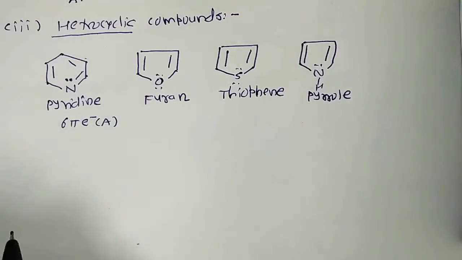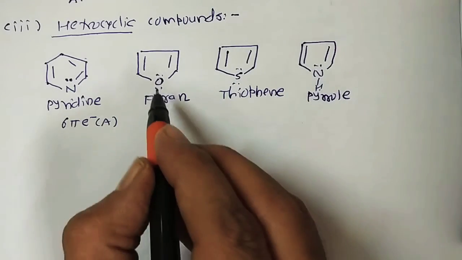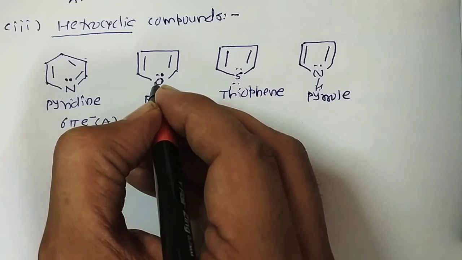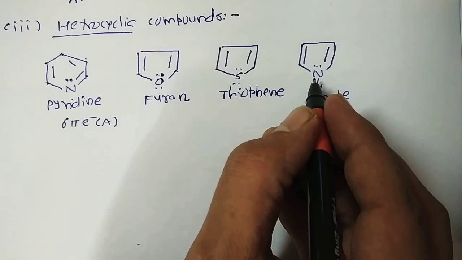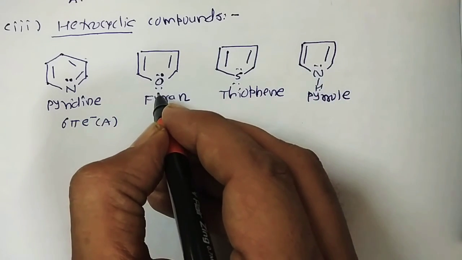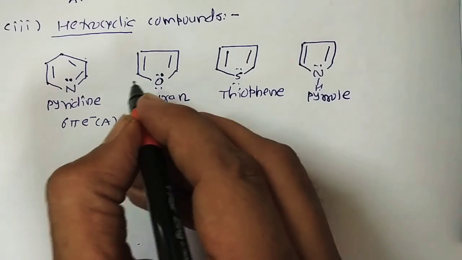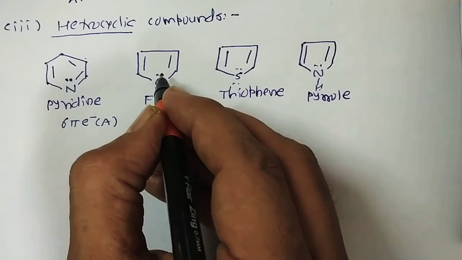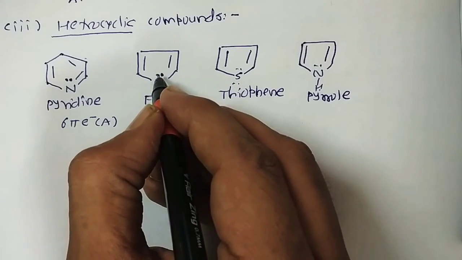But in contrast, in the case of furan or thiophene or pyrrole, one of the two lone pairs of electrons on the sp2 oxygen, sulfur or nitrogen is present in a p orbital perpendicular to the plane of the ring. So consequently it contributes 2 pi electrons, while the other 4 electrons of the 2 double bonds contribute 1 pi electron each, thereby bringing the total to 2 plus 2 plus 2, meaning 6 electrons.